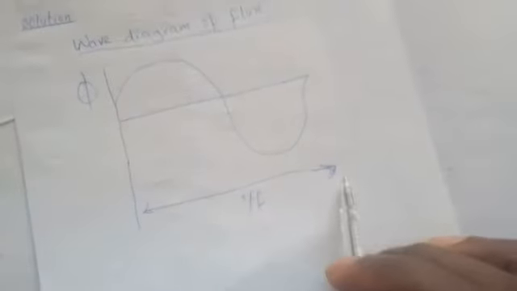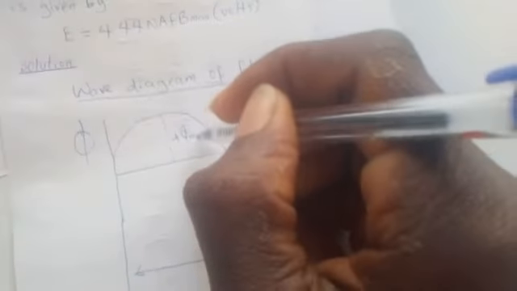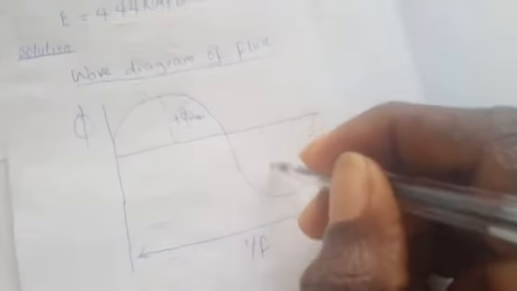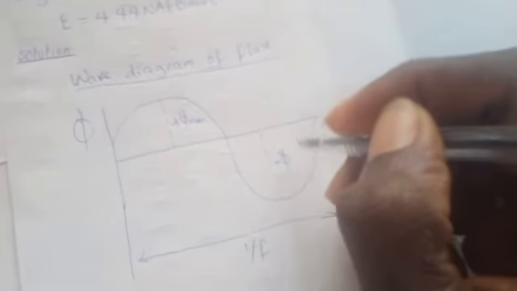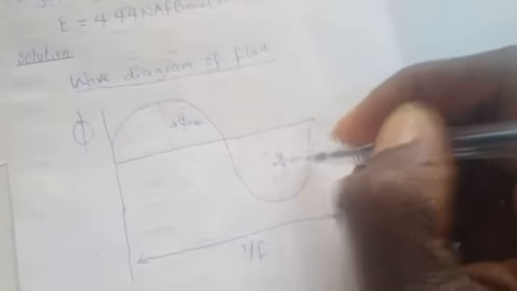Now what I need is the maximum flux. I told you from here to here is 1 over f. Now if I'm dealing with the maximum flux, this side will be positive phi max, that's maximum. And here, this is the crest, this is the trough, negative phi max also.